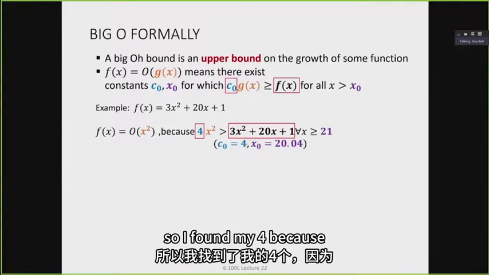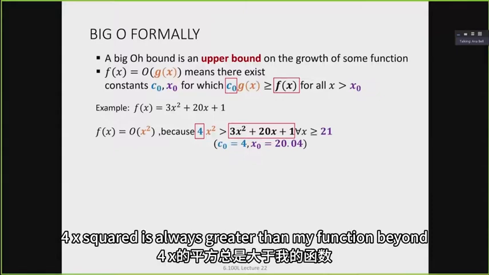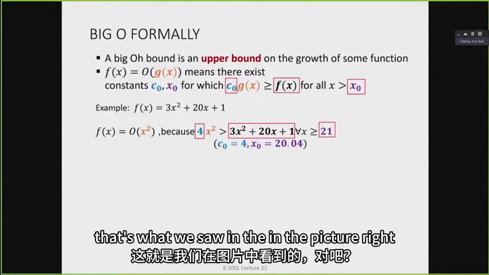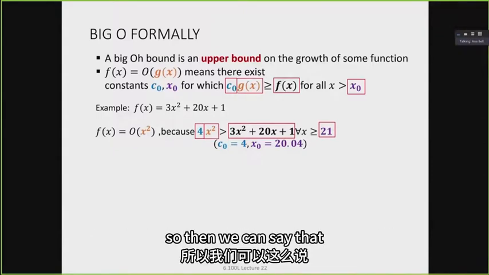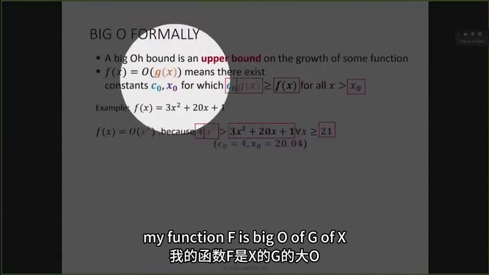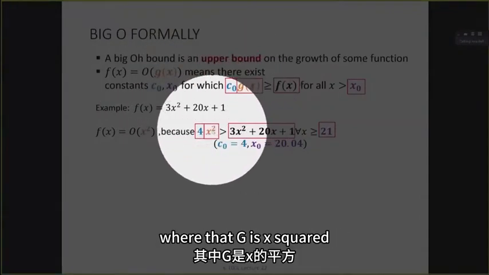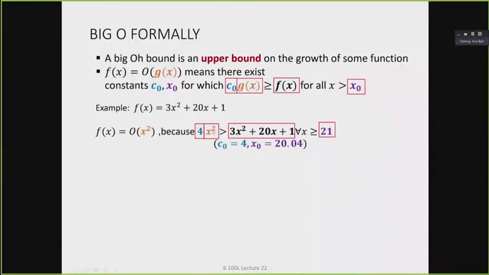So I found my 4, because 4x squared is always greater than my function beyond 21. That's what we saw in the picture. So then we can say that my function f is big O of g of x, where that g is x squared. Just matched it up.